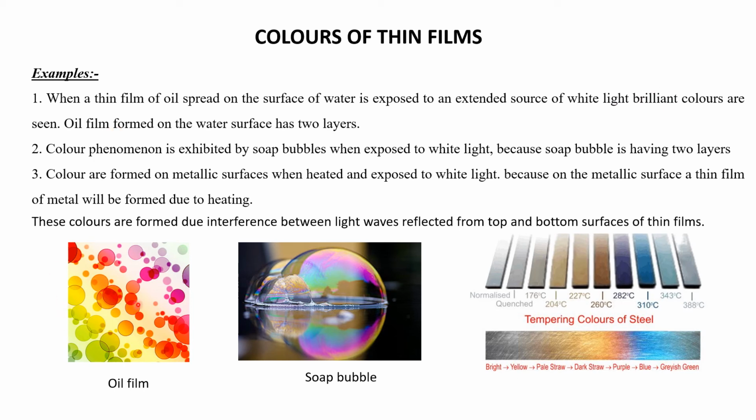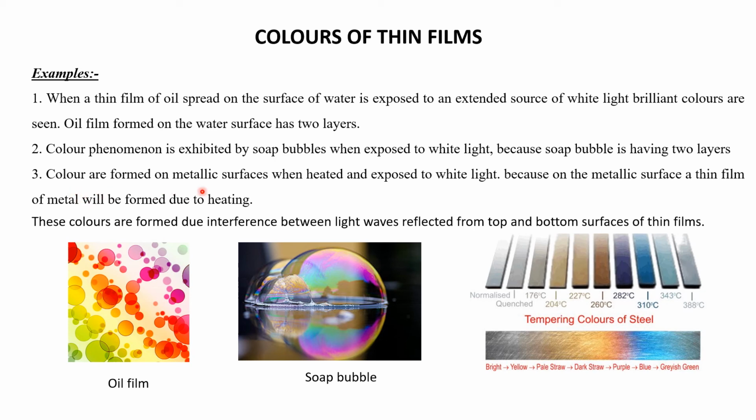This type of colors can be observed in the case of an oil film, because the oil film has two layers and there exist two reflected beams or two transmitted beams which are in a position to interfere. Hence the colors can be seen. And in the case of a soap bubble, the color phenomenon is exhibited when exposed to white light, because the soap bubble also has two layers. So these are the formation of colors in soap bubbles.